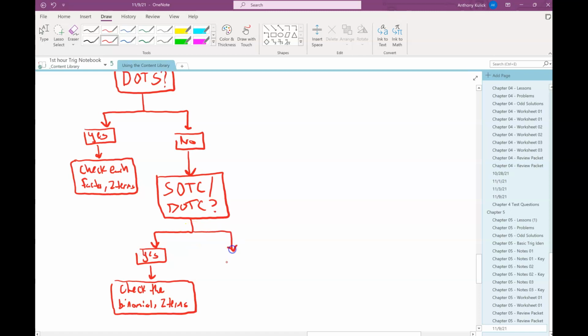If it's no, then we stop. There's no more factoring that we're going to be able to do. I'm going to pause here for a second, then we'll go down the 3-term branch and describe what we do there. And lastly, we'll deal with the 4-term branch.